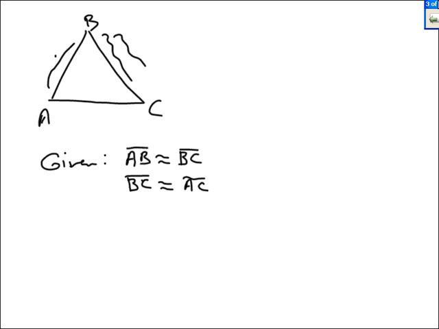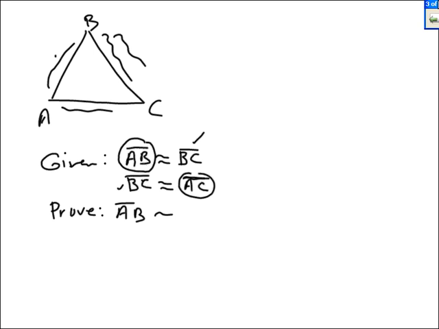That is, BC and AC are the same length. Well, line segment AB and line segment AC, they are both congruent to BC. AB is congruent to BC, and AC is congruent to BC. And of course, you're going to be asked to prove that AB is congruent to AC.